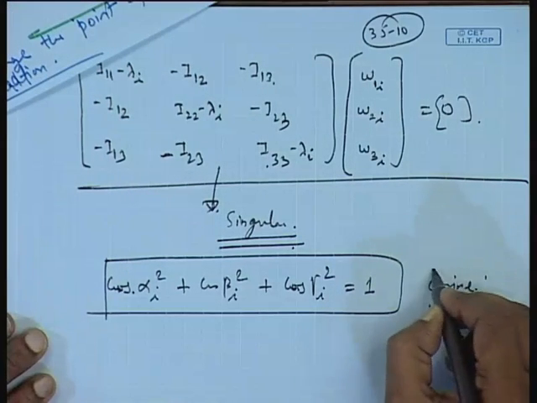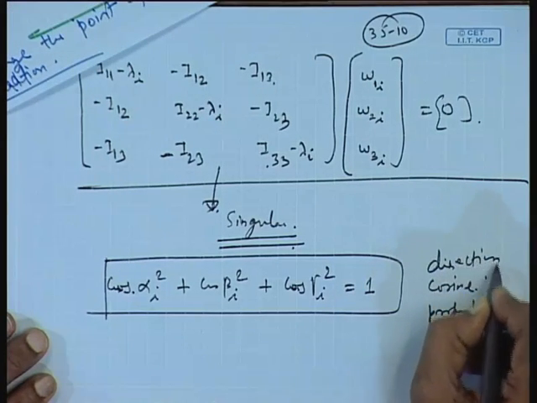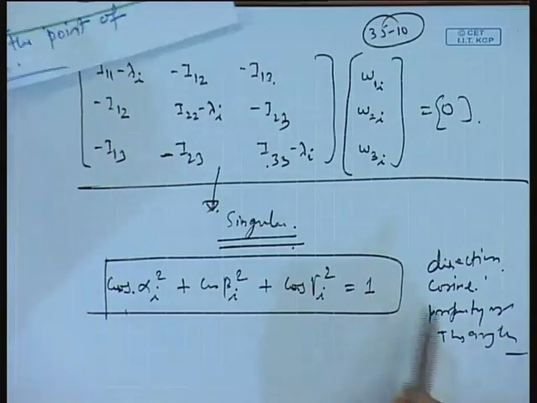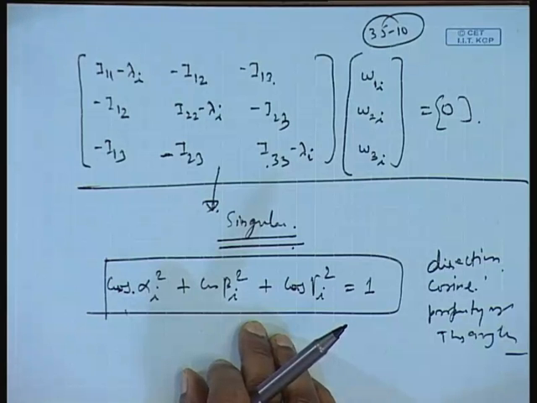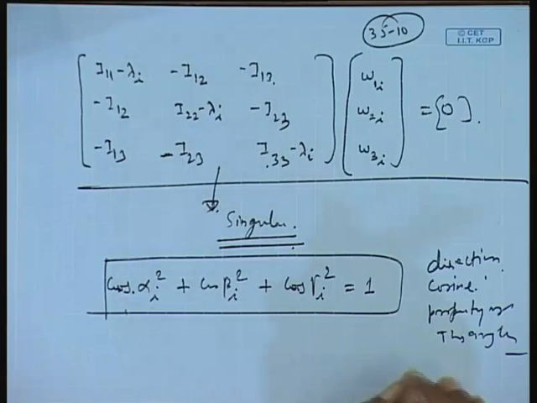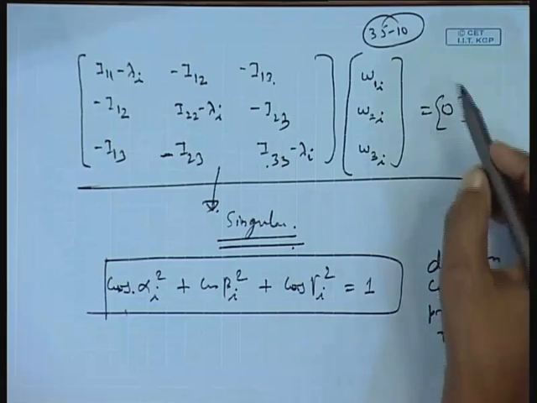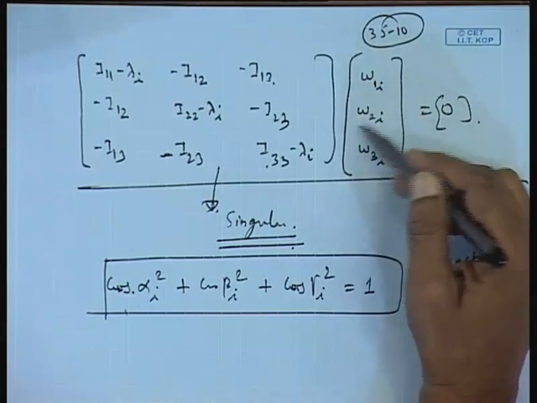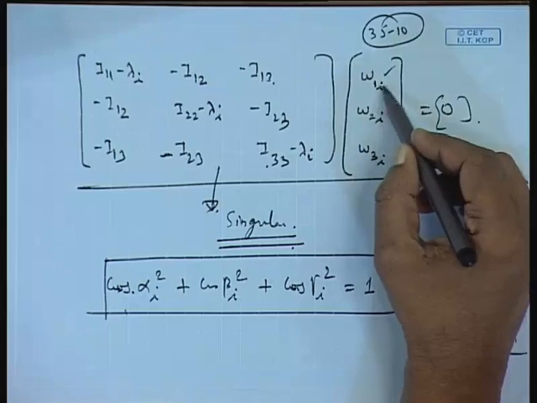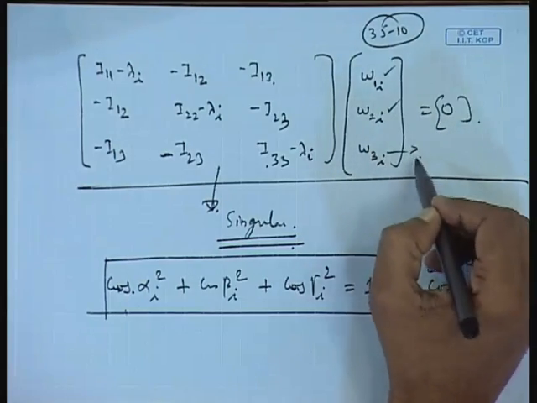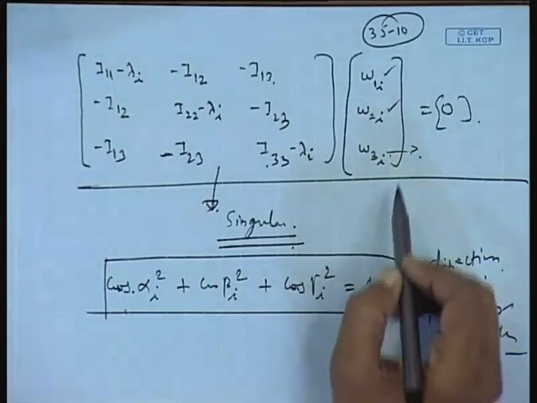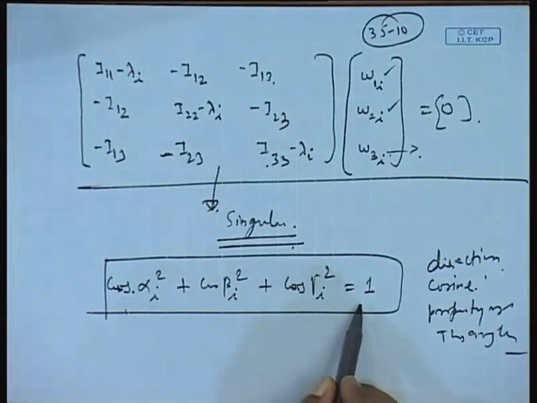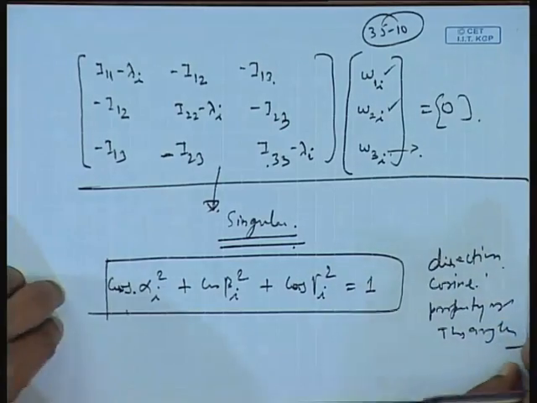These are the direction cosines, so the sum of their squares will turn out to be equal to 1. Now if we impose this condition, you will be able to fix the third direction. It is telling us that only 2 elements, omega 1 I and omega 2 I, can be worked out, and omega 3 I cannot be worked out, because basically this is singular. To fix it up, if we assume that this is to be followed, then the whole thing gets solved.